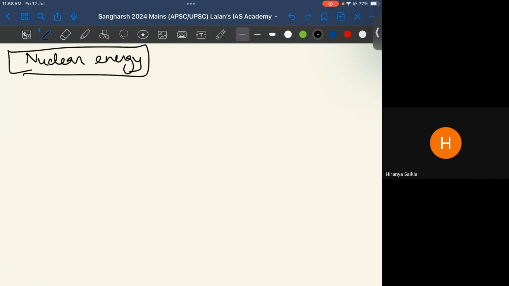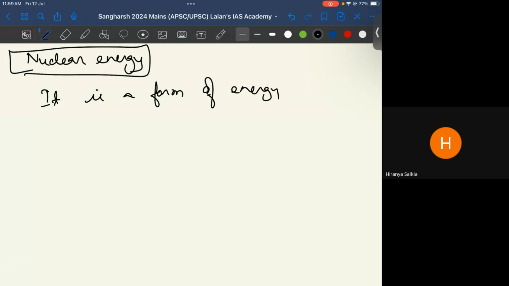Write down the definition of nuclear energy. It is a form of energy released from the nucleus.